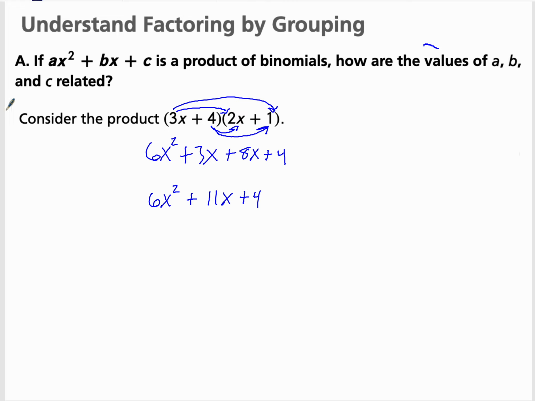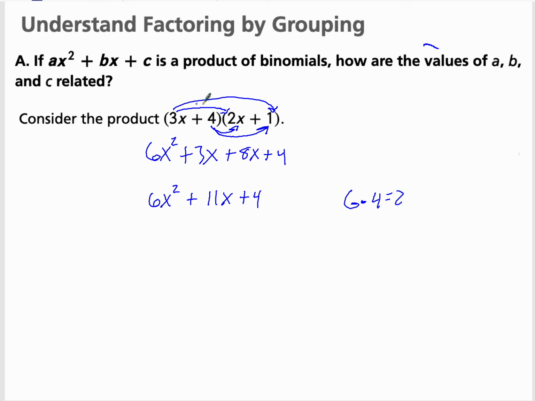So we want to see the relationship that these have. And the key relationship is this. If you'll notice these factors, 3 times 4 is 12, 12 times 2 is 24, 24 times 1 is 24. Well, look what you get when you multiply 6 times 4. 6 times 4 equals 24.